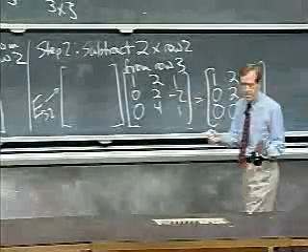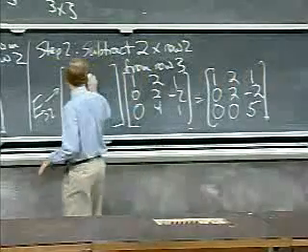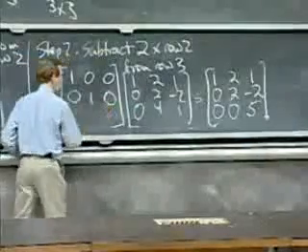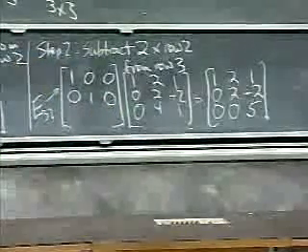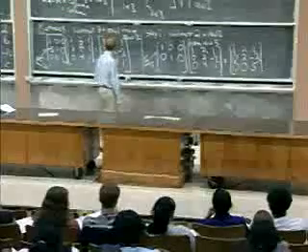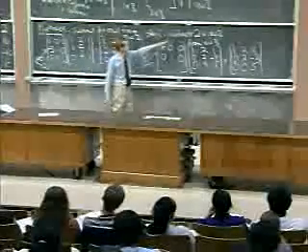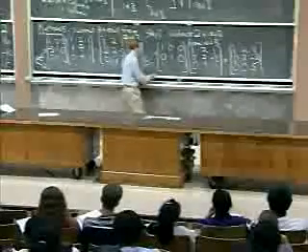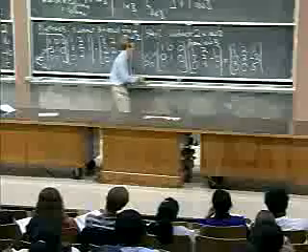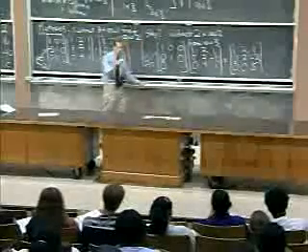1, 0, 0, right? Because we don't change the first row. And the next row we don't change either. And the last row is the one we do change. What do I do? I subtract 2 times, so what's this row? 0, right? Because the first row is not involved.